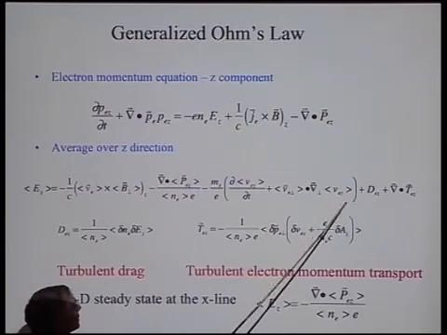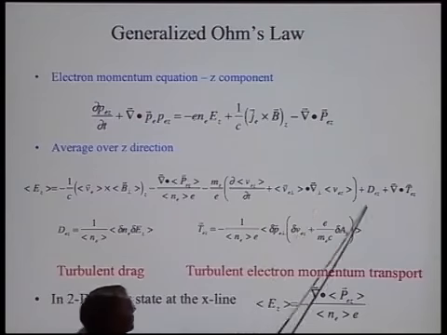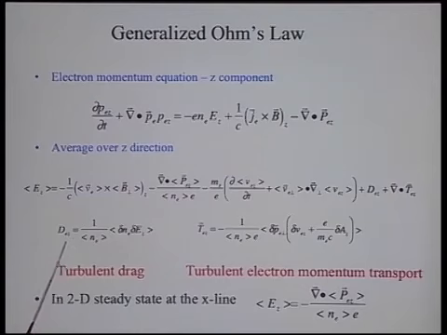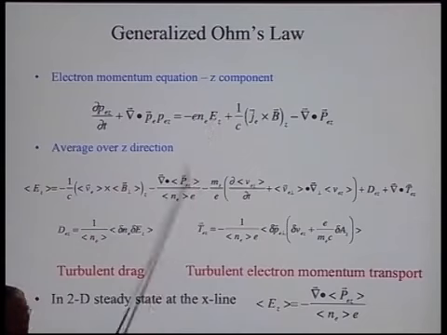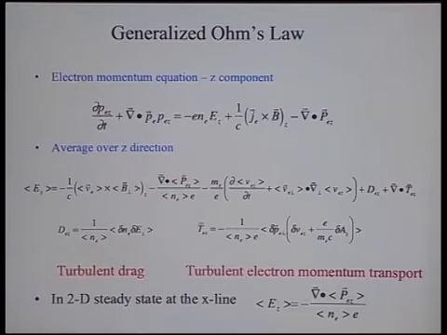All these exist at finite values for the 2D case. These are the things that arise from turbulence, and there's 2 of them. The first is the so-called drag term, and that comes from correlations between the density perturbation here and the electric field perturbations here. So this is the classical drag term that gives you anomalous resistivity.